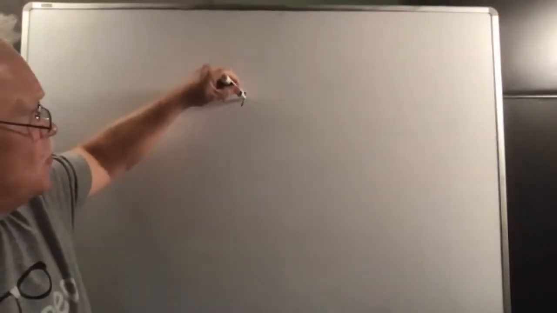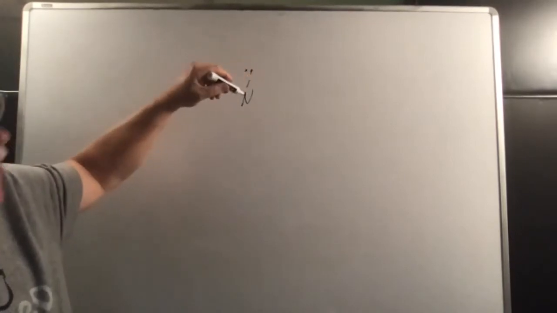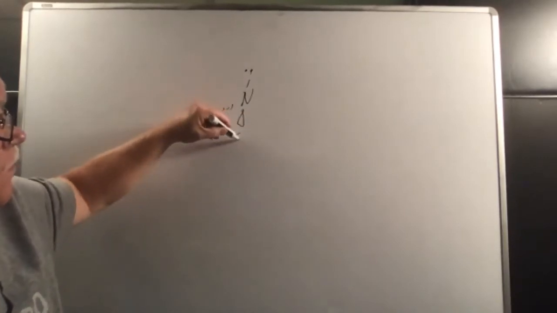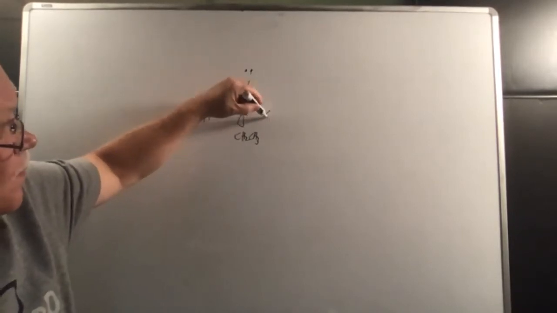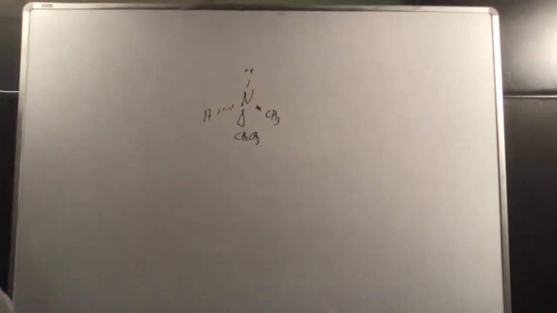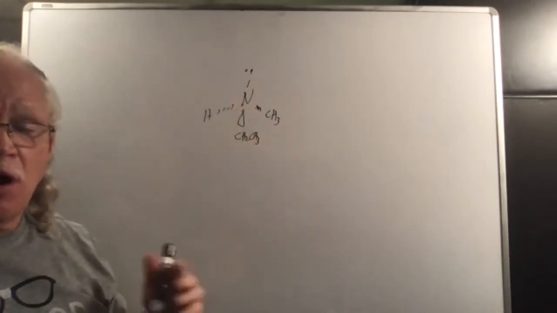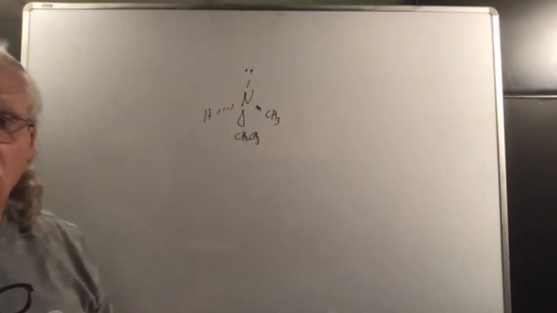Now, what about amines? If I ask you the same question, and I'm going to draw this like this, there's a lot of different ways to draw this. And if I were to ask you, is that compound chiral? The answer I would expect you to give me is yes, it is, because the nitrogen is chiral because it has 4 different groups around it. And you would be wrong.